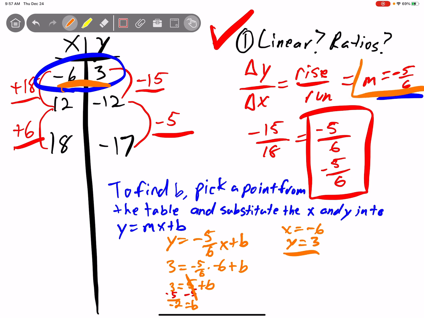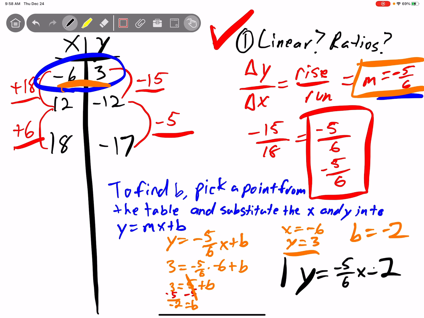Not only does m equal negative 5/6, but b equals negative 2. So my equation now becomes y equals negative 5/6 x minus 2. I could have also said plus negative 2. But you could also write it as minus 2. It does not matter which one you choose.